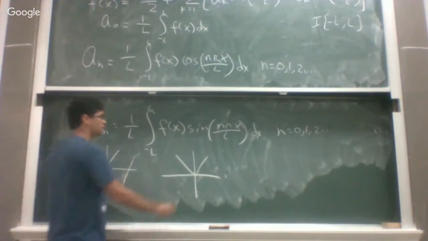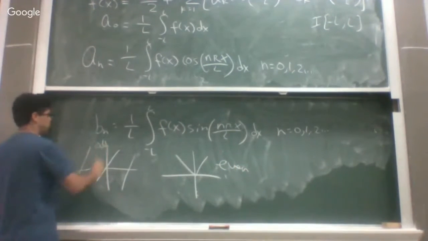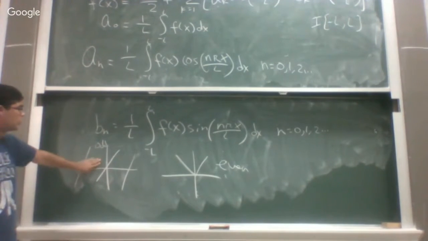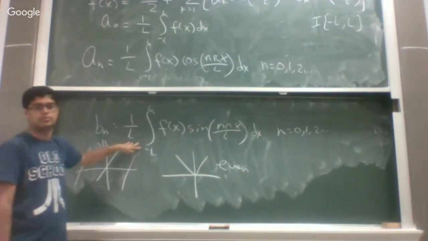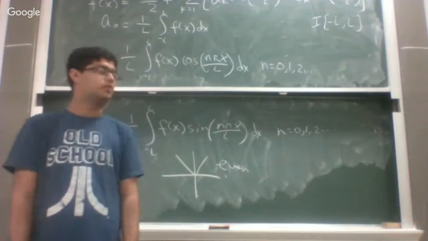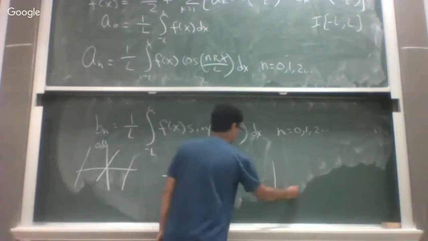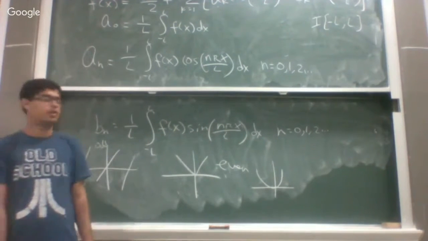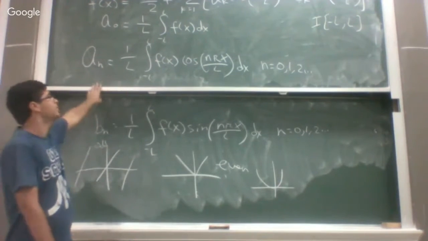Okay. So this is even. Okay. This is odd. Right. So if you have this for your problem, what do you need to do? Just find b sub n. You just find b sub n. Okay. If you have something like this, or like a parabola, or something that's even or something, what do you need to find? A sub naught and a sub n.